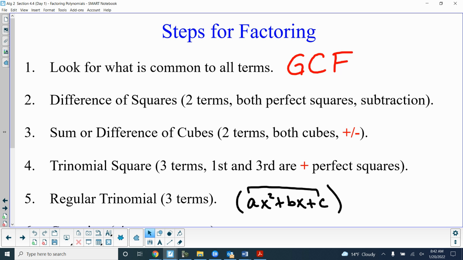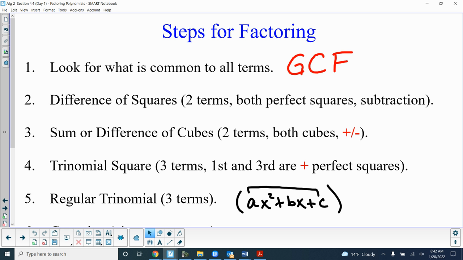Make sure if it's a sum of cubes, your middle term's minus. If it's a difference of cubes, your middle term's plus. Remember, those were opposite. Your third term was always positive, and it's the second term of the binomial squared. Okay? And it seemed to me like you guys had it down when we practiced those yesterday.